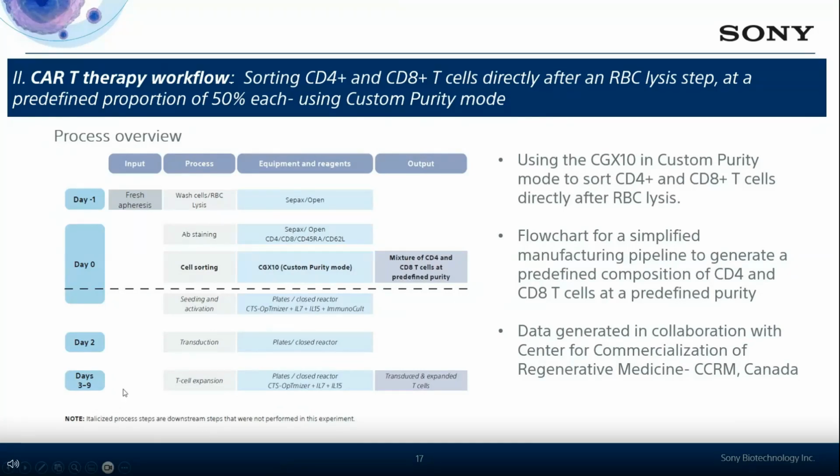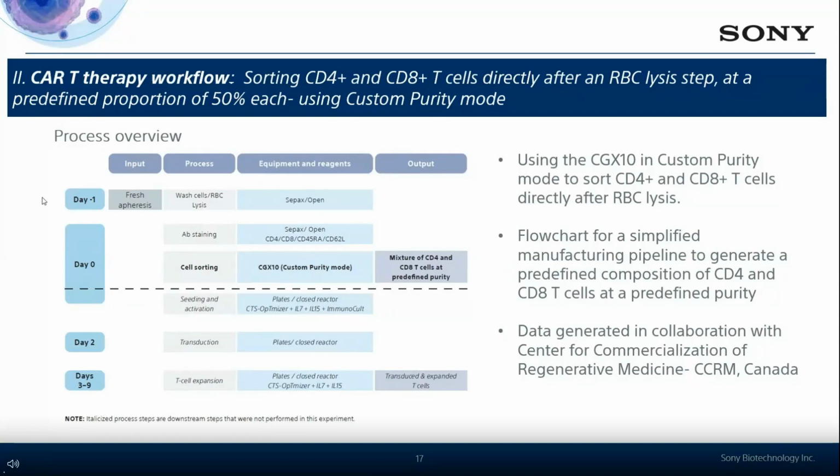Looking at this experiment, on day -1, a fresh apheresis was washed and RBC lysis performed on a CPAX. On day 0, the cells are stained for CD4, CD8, CD45RA, and CD62L.